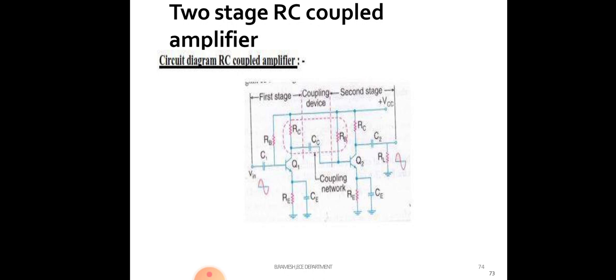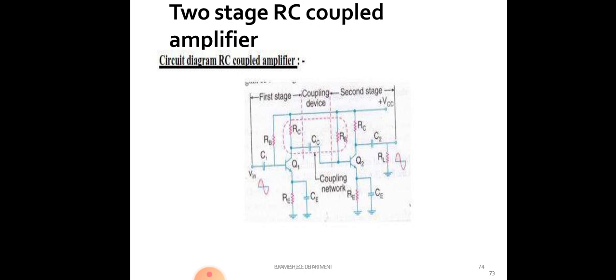So the first stage VC voltage increases, meaning high positive potential we are giving to the Q2 transistor, and IB2 current increases, IC2 current increases, VC2 voltage decreases. So that is the output waveform. This is the circuit operation of the two-stage RC coupled amplifier.